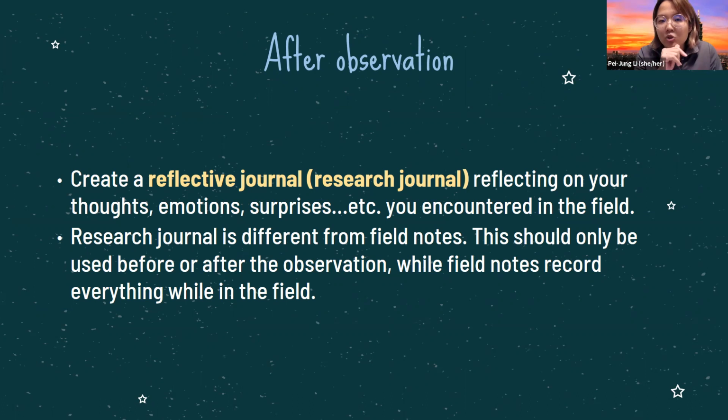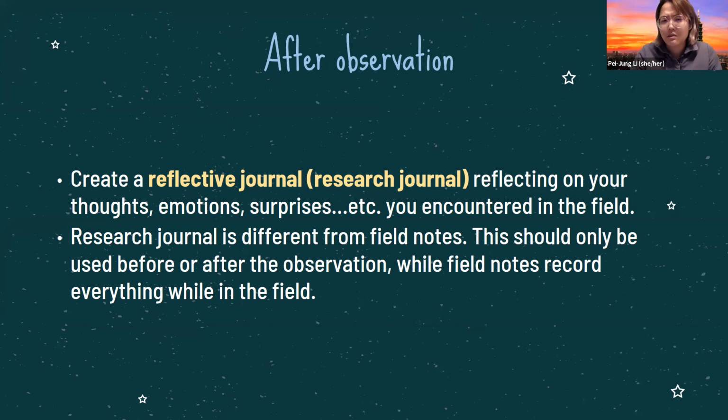However, the reflective journal is where you write down your reflections and feelings that relate to your research or study, before or after your observation or research activity. So these two are different.